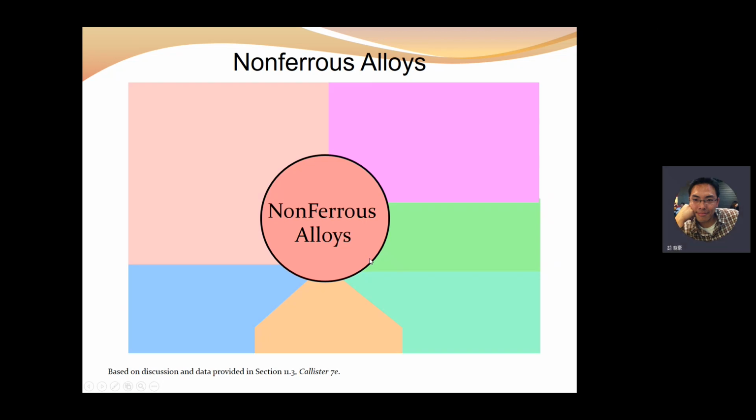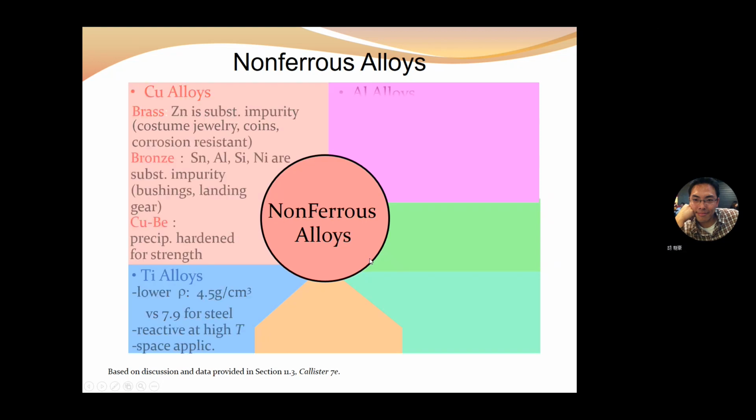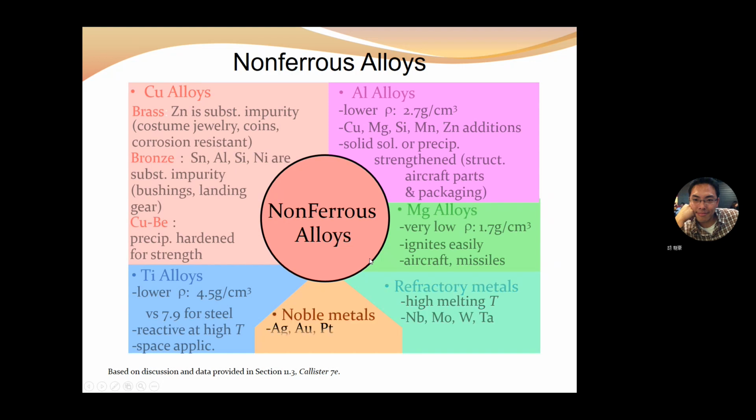Okay, let's look at the non-ferrous alloys. For example, the copper alloy, like brass. Brass has the alloying element zinc, and it is used for custom jewelry, coins, and for corrosion resistance.